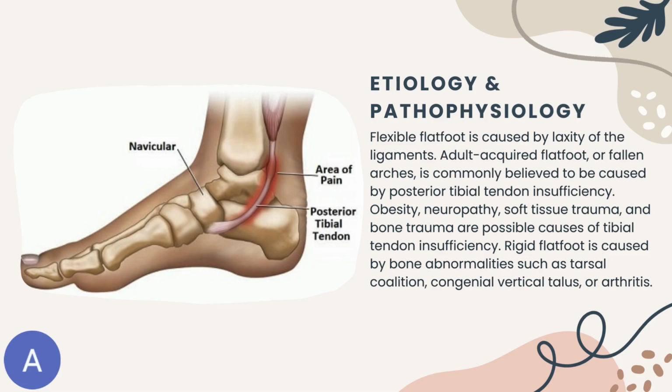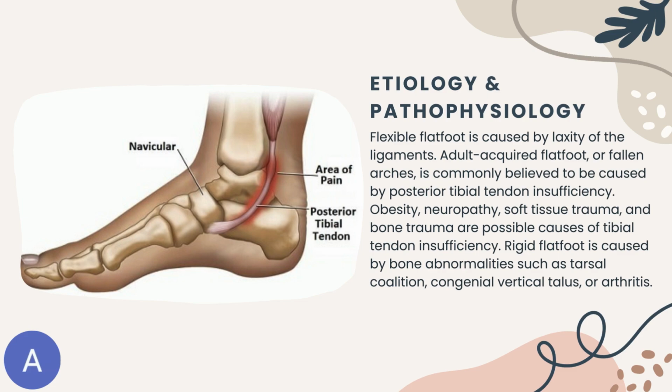So, adult acquired flat foot or fallen arch is commonly believed to be caused by posterior tibial tendon insufficiency. So what causes this insufficiency? Obesity, neuropathy, soft tissue trauma, and bone trauma are possible causes of tibial tendon insufficiency.